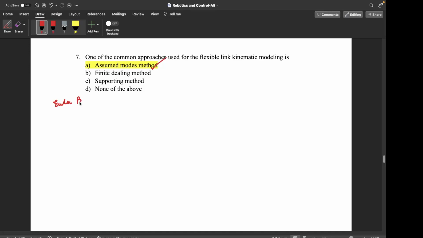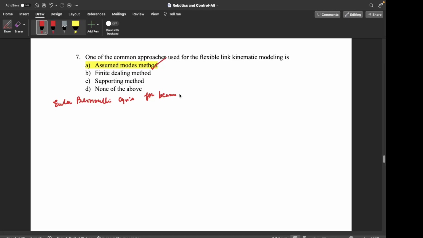Euler-Bernoulli equations for beams, right?